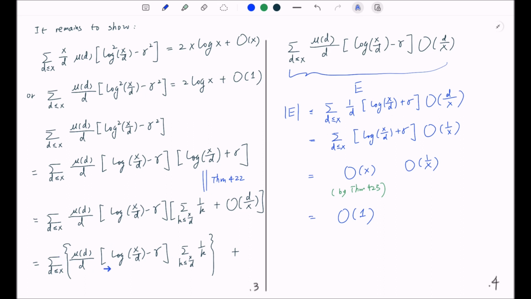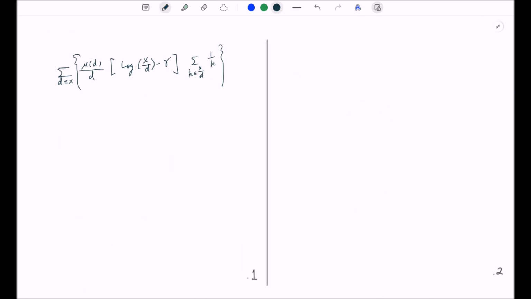And now let's study the first term. Let us simplify this. The first thing we do is that we're going to merge these two iterated sums into the summation for all d times k less equal to x.